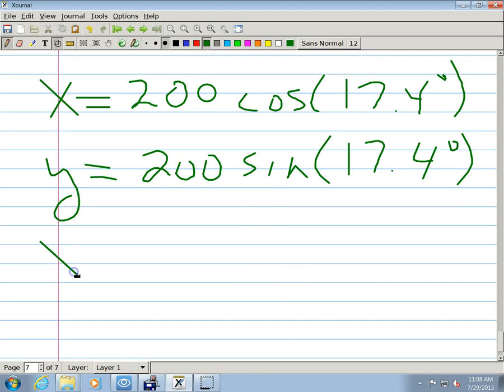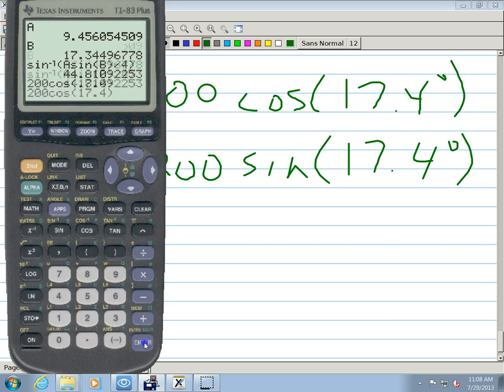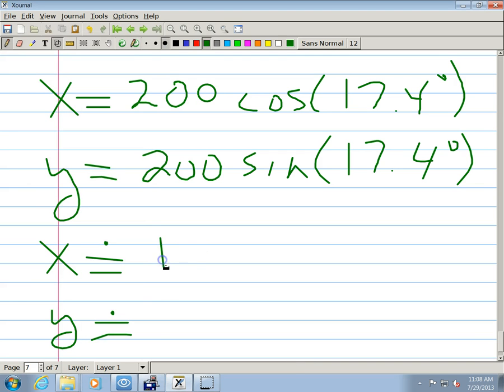Okay, x is about, let's see, you did it already? All right, on the calculator, was it 200 cosine 17.4? Okay, 200 cosine 17.4 is 190. Is that what you got? 190.848? Okay, so 190.848.